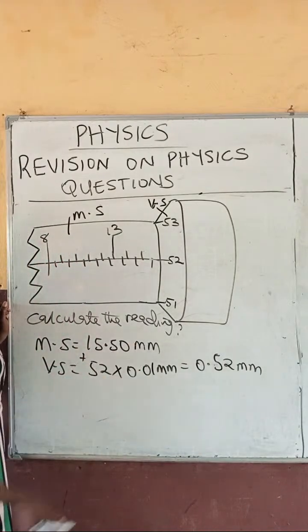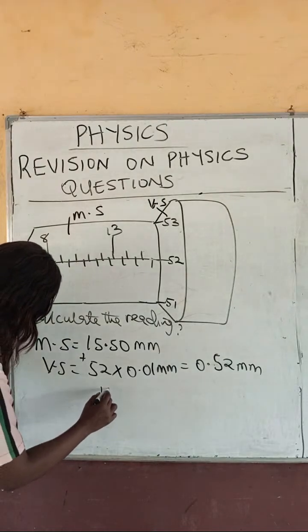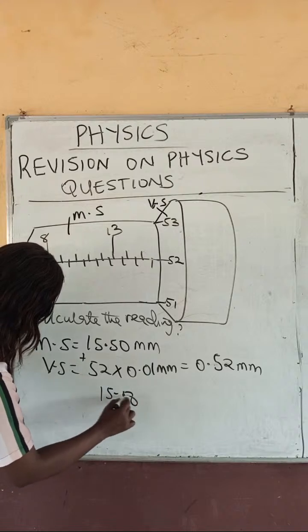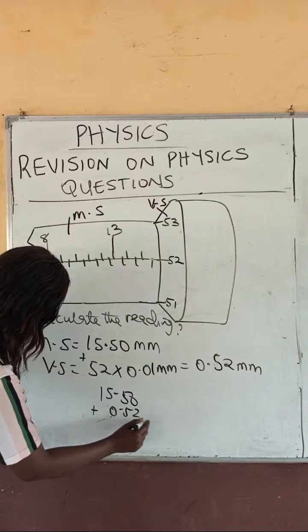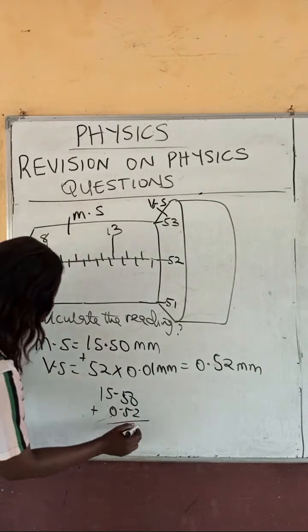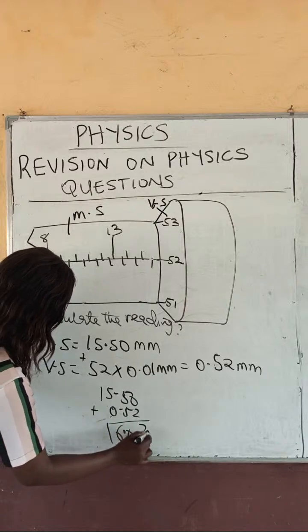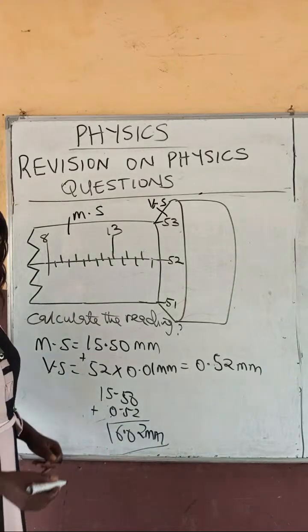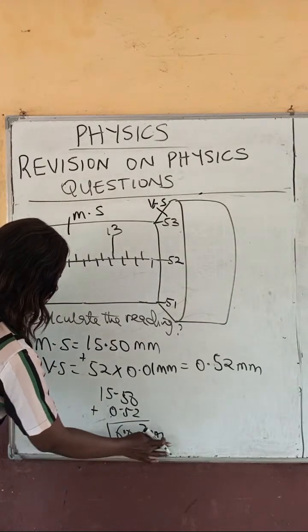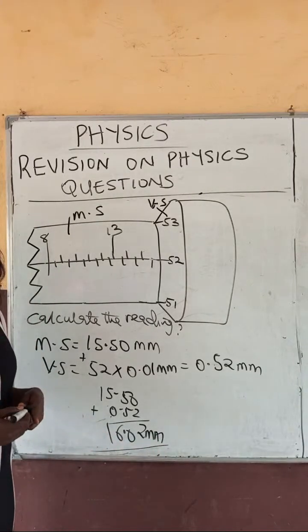By the time you add, what do you have? You're going to have 15.50 plus 0.52, right? You add, this is going to give you 2, 0, 6, and 1. So the answer becomes 16.02 millimeters. Do you understand?